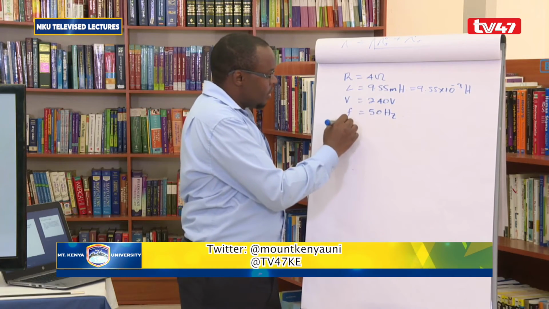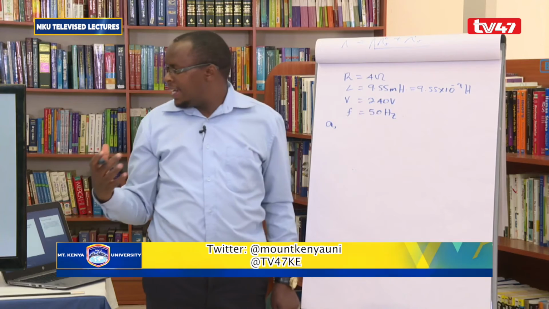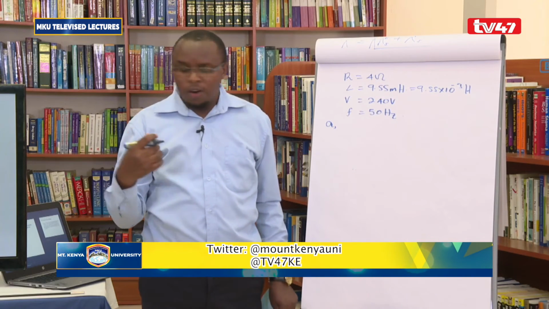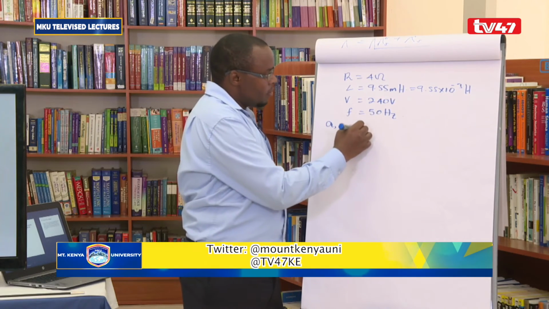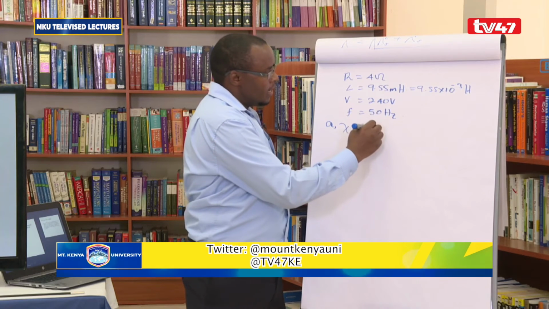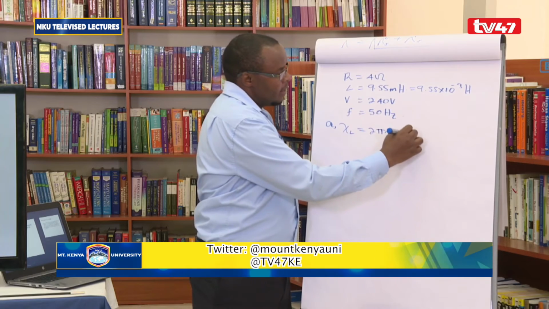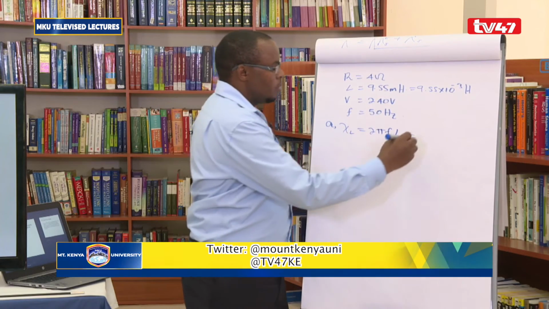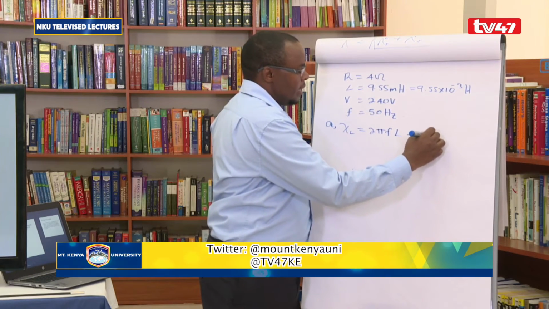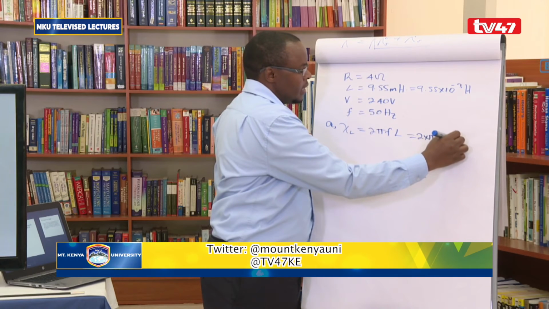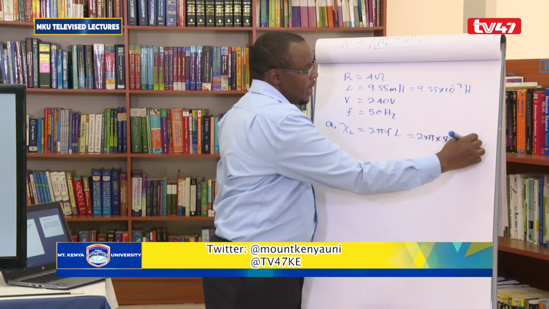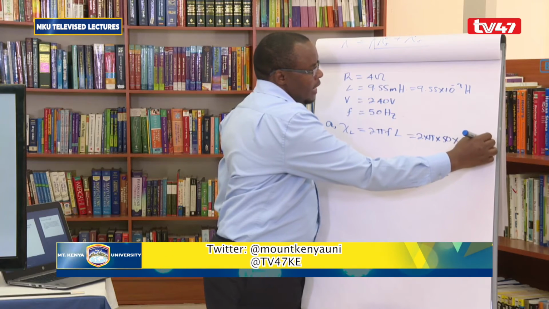The reactance of the inductor is given by the formula 2 pi FL. This is 2 times pi times the frequency, which is 50, times the inductance, which is 9.55 times 10 raised to the power negative 3.